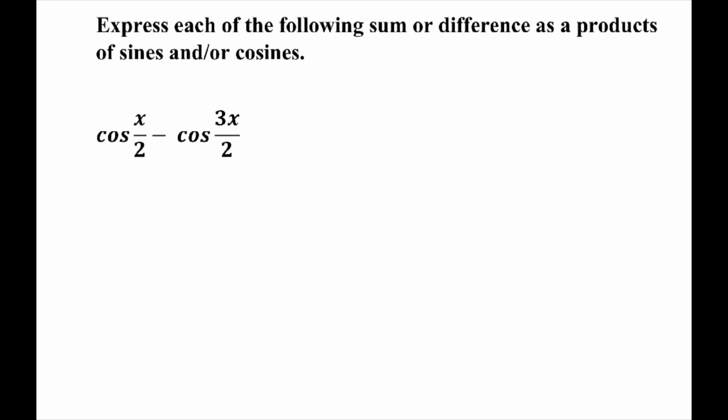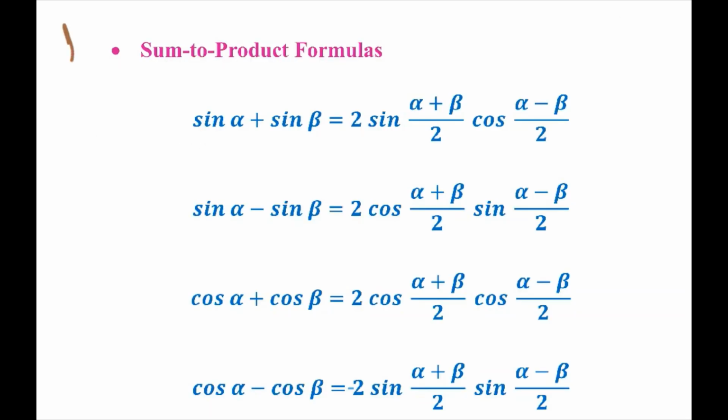Express each of the following sum or difference as a product of sine and cosine. Cosine x over 2 minus cosine 3x over 2. Let's see which formula we are going to use here. Cosine minus cosine will be this one here.